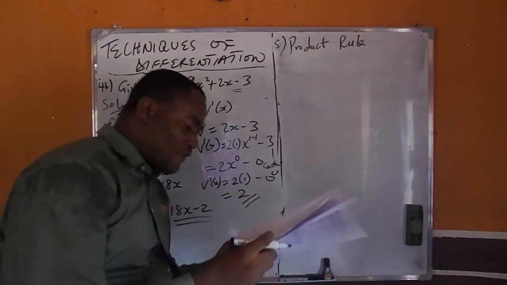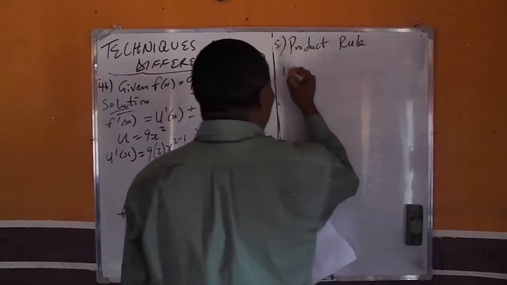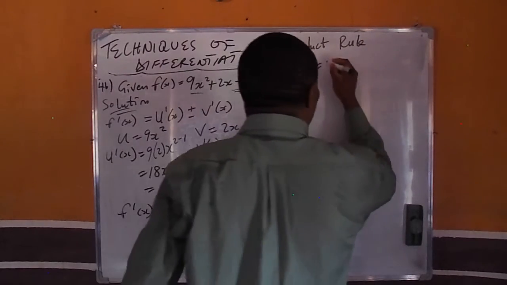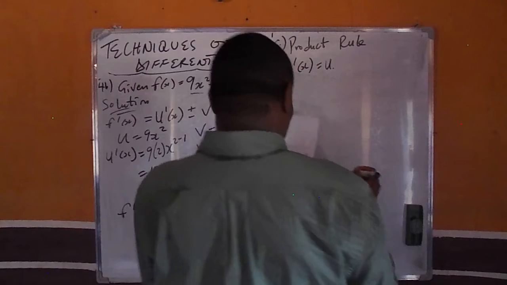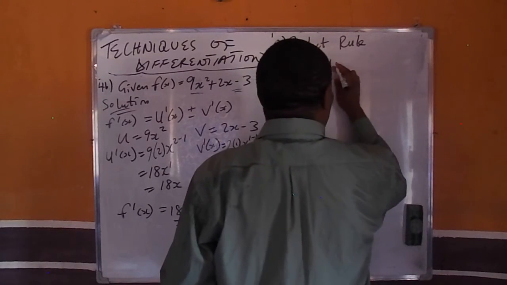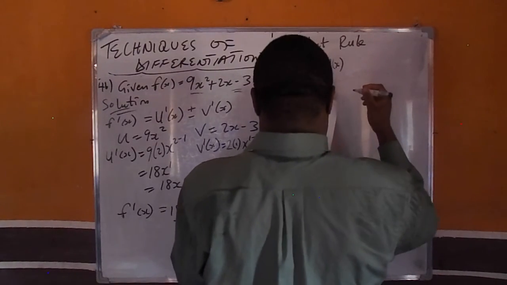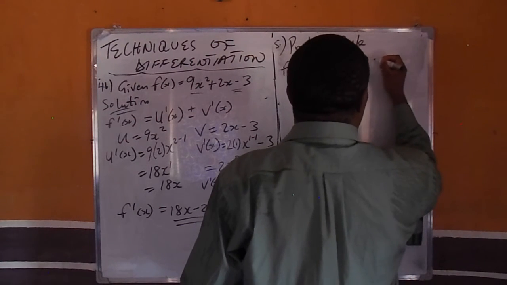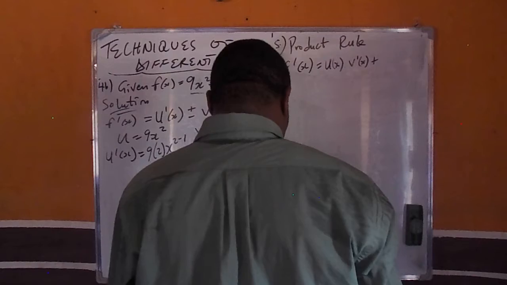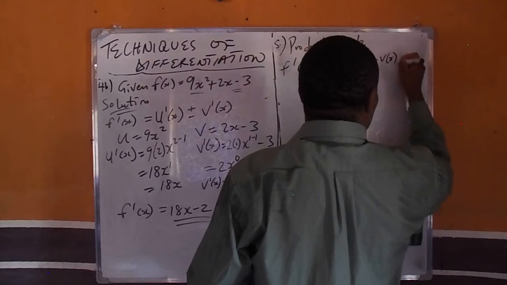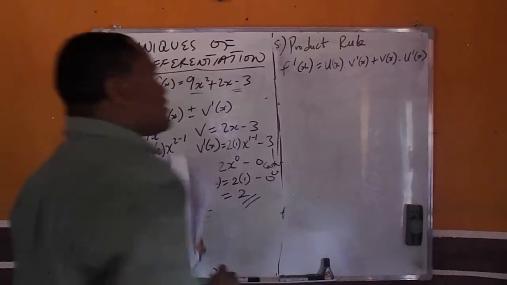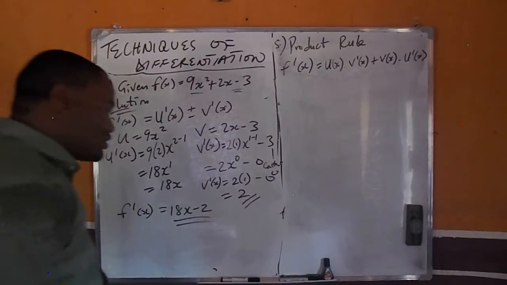Firstly, is to know the formula we use in product rule, which is f prime s equals u of s dot v prime s plus v of s dot u prime s. This is the formula we use under product rule.